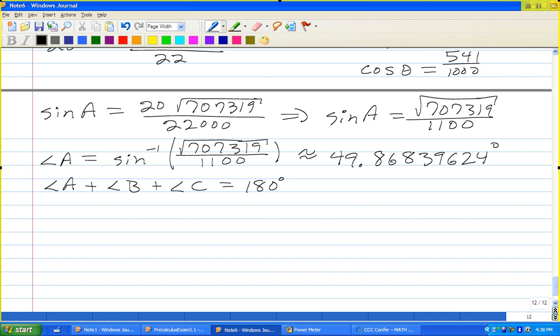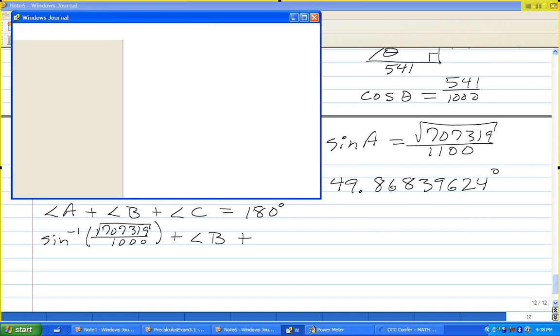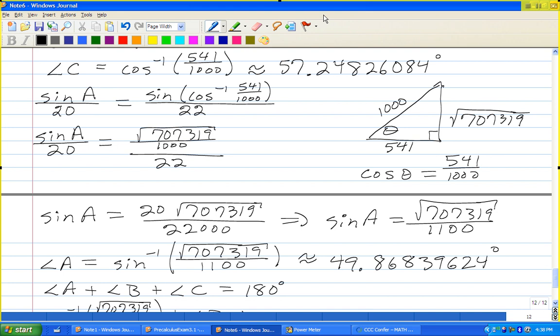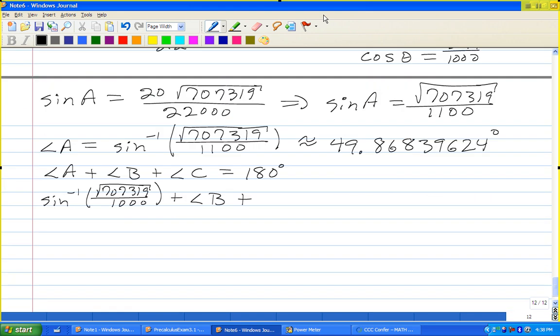Okay, so A, inverse sine of the radical over thousand, plus angle B plus angle C, oops, which was cosine inverse of 541 over 1,000, is 180.